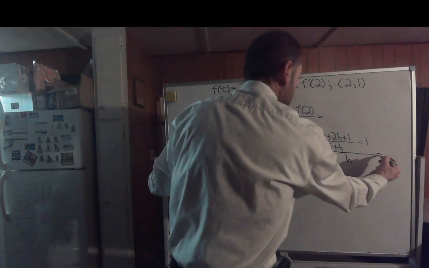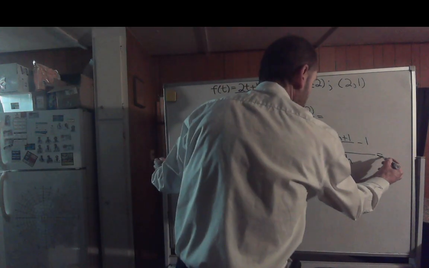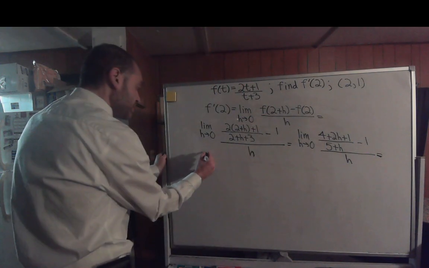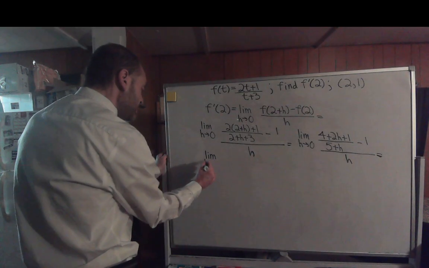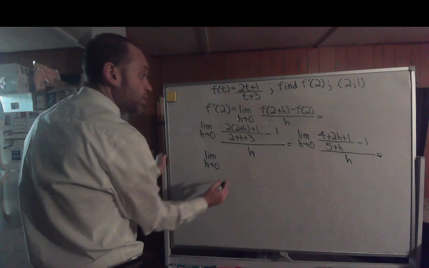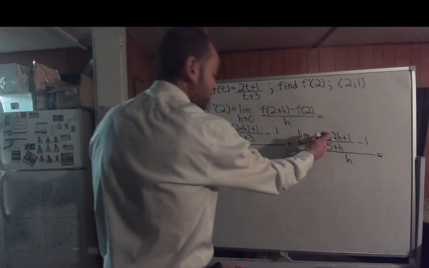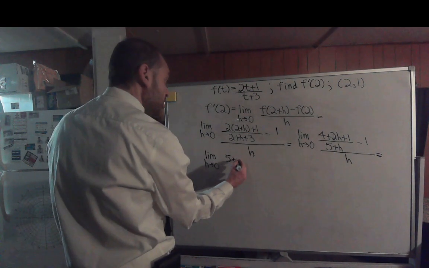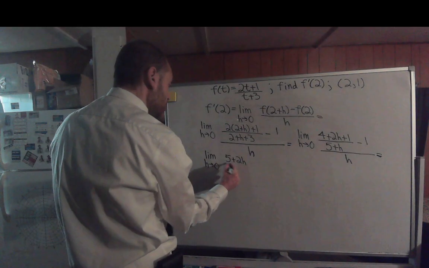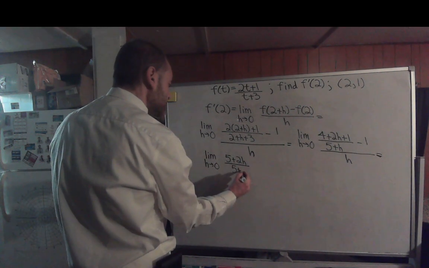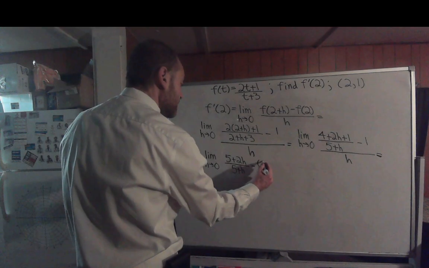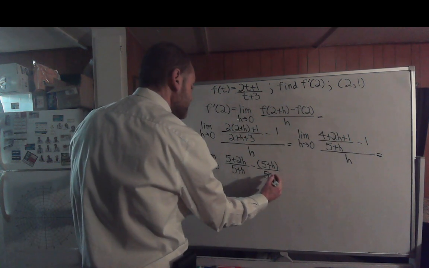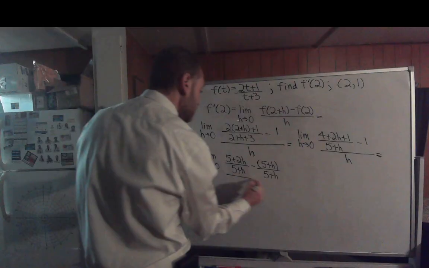Well, of course, we need to make the denominator of the numerator a common denominator, so this would turn into the limit as h approaches 0. If we simplify the numerator of the numerator, this would turn into 5 plus 2h all over 5 plus h minus the quantity 5 plus h all over 5 plus h, all over h.